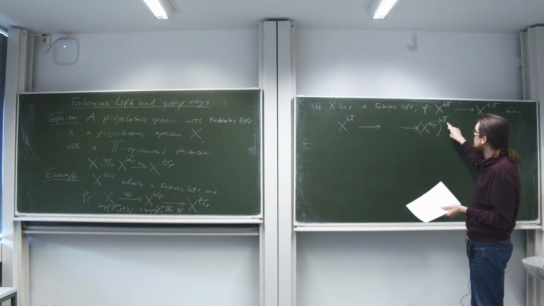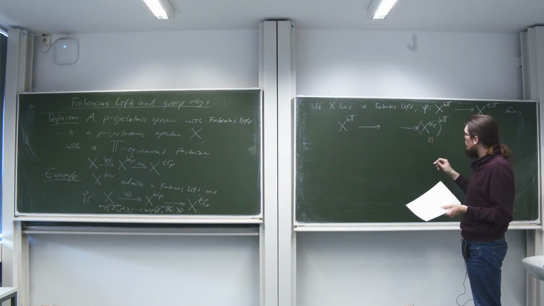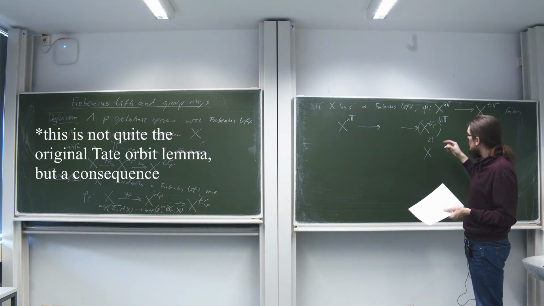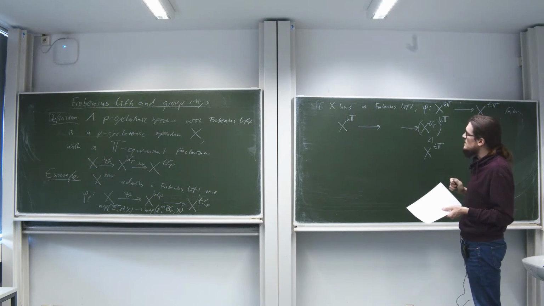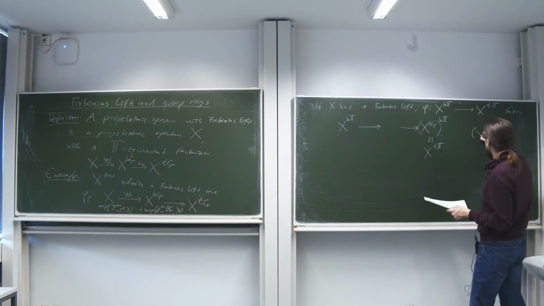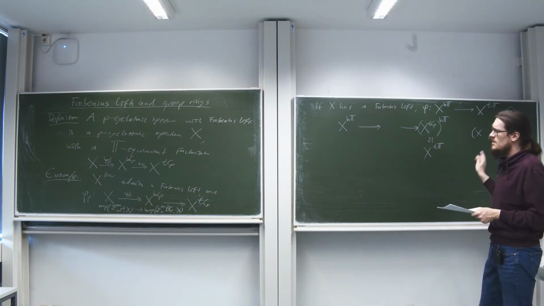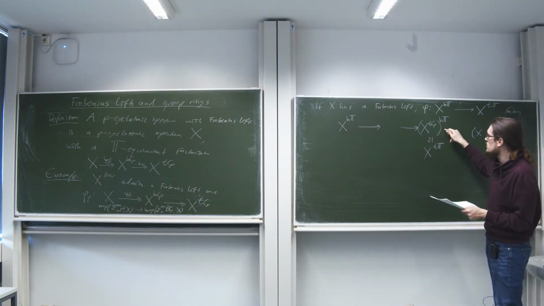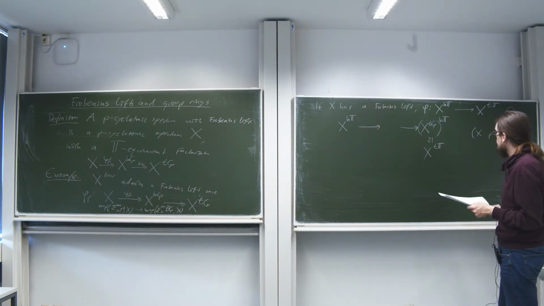So this T here you should think of in this context as T mod Cp. And we had this Tate orbit lemma that tells you that this is actually equivalent to Tate T, under the assumption, sorry, I should have said that, that X is p-complete. We will impose that multiple times in this lecture. Otherwise, this is only an equivalence after p-completion.